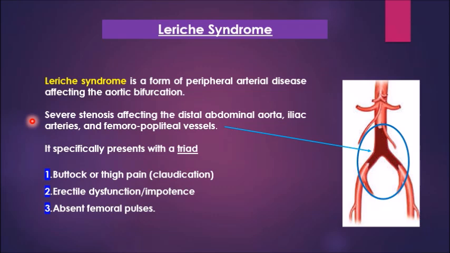It presents with a triad of symptoms: pain in the buttocks or thigh, which is claudication pain, erectile dysfunction and impotence, and absence of femoral pulse. Here you can see the obstruction.